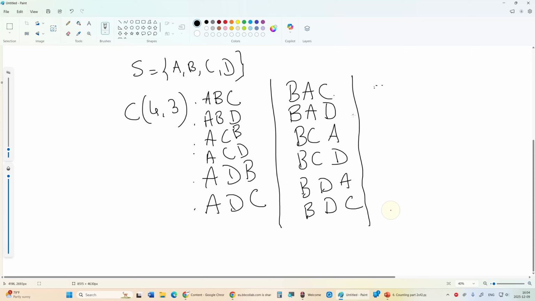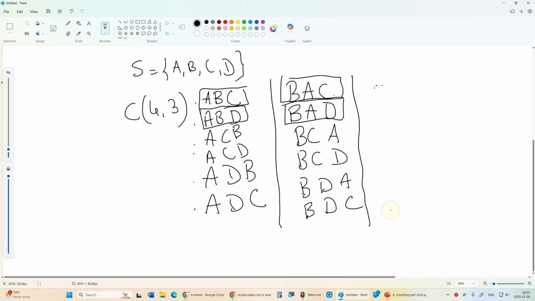But look here. BAC or ABC, aren't they the same? So this BAC and ABC are the same because it's the same three elements, but the order is different. And maybe I can find some BAD and this ABD.